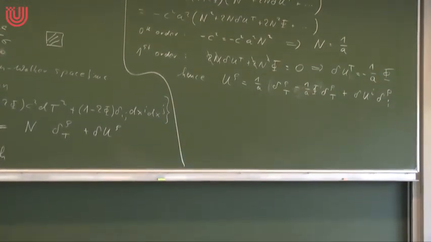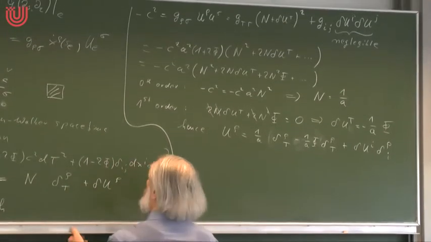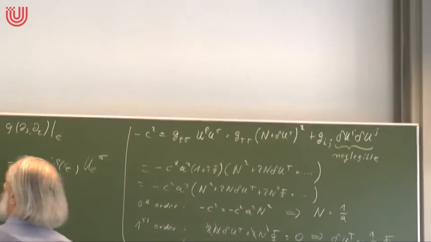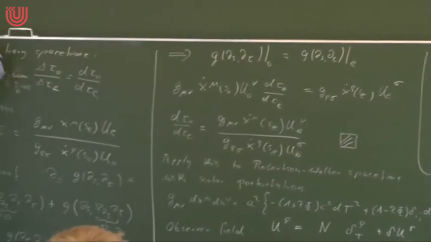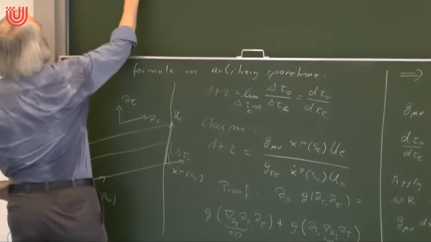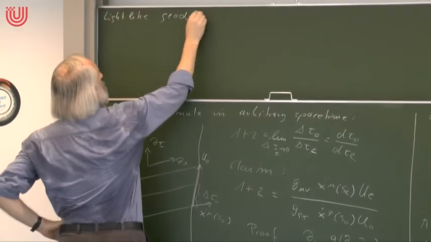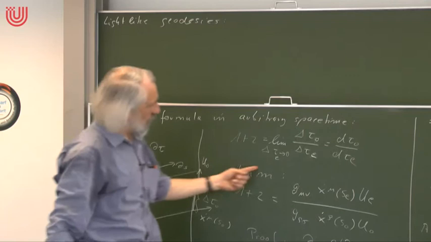So, and then we have the light-like geodesics. I think I do this on the other board. The light-like geodesics. Now that's the ingredients we need for the redshift formula, right?